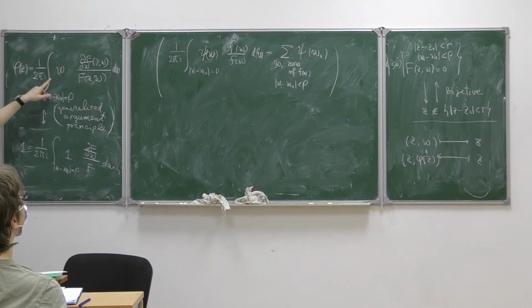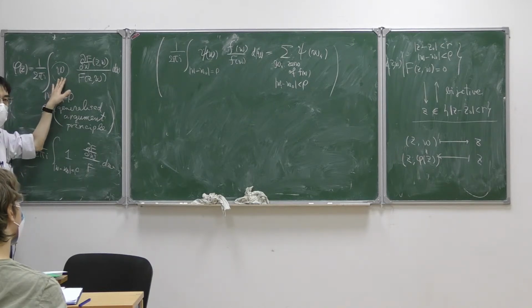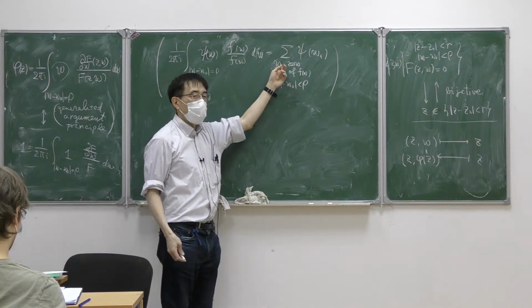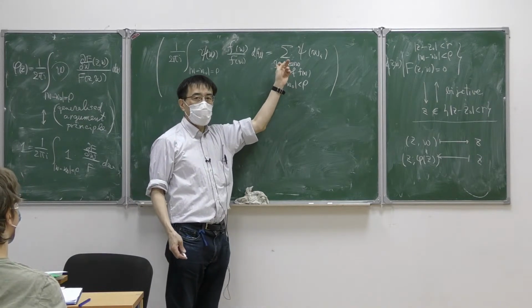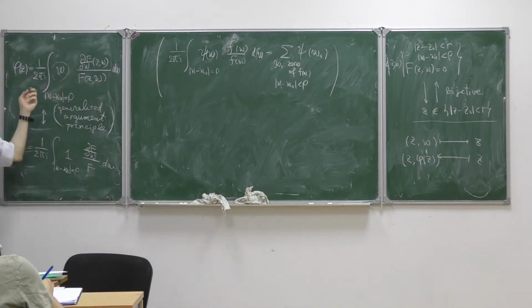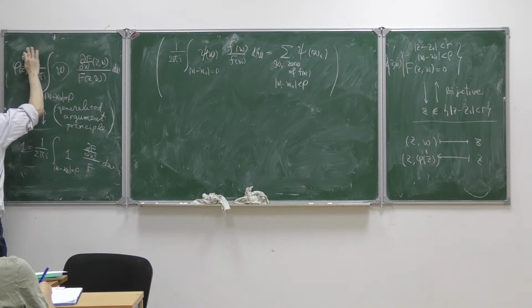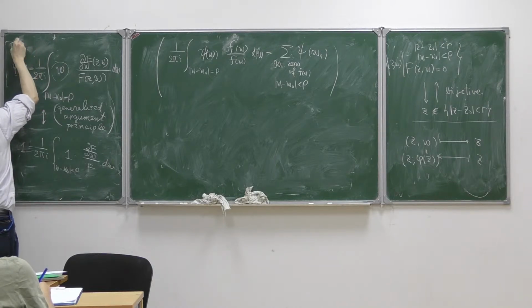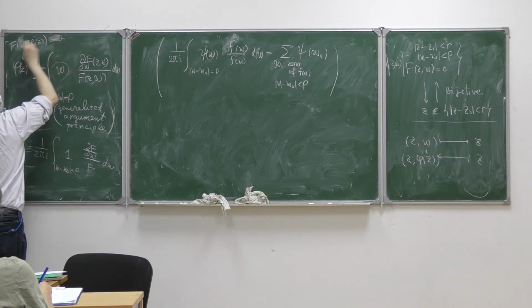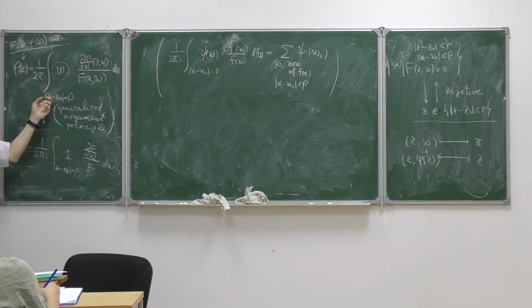And here we have W, which means that we get W itself, namely the position of the zero is obtained by this integral.